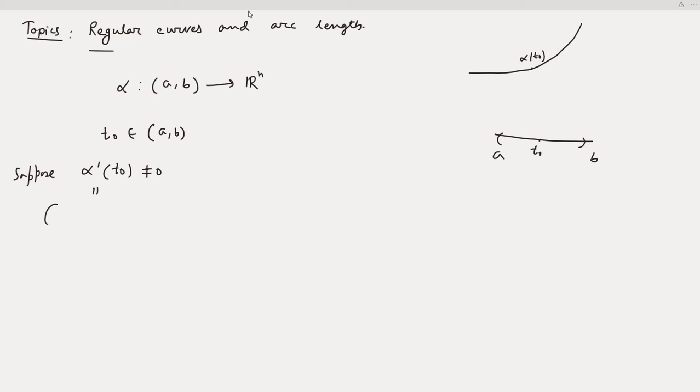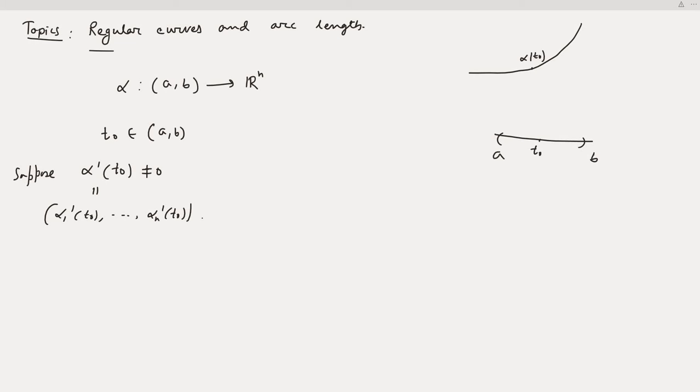This is equal to (alpha 1 prime of t naught, and so on, alpha n prime of t naught). This is called the tangent vector of the curve at the time t naught.